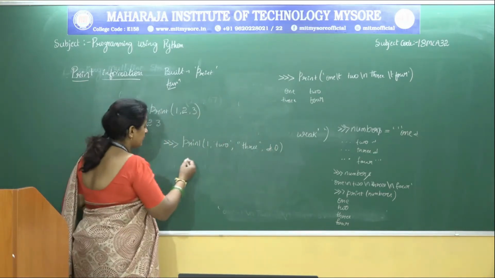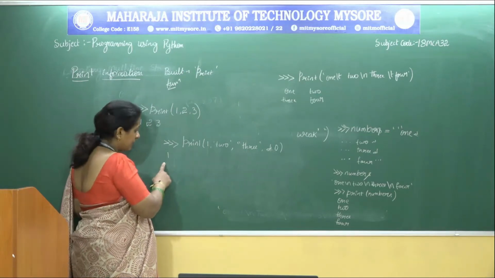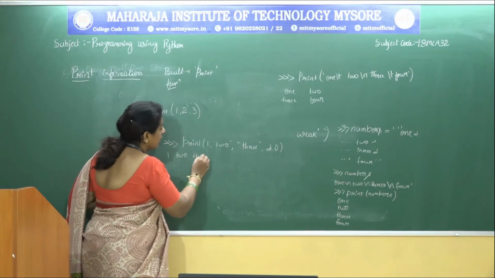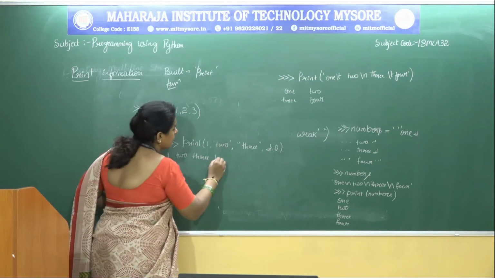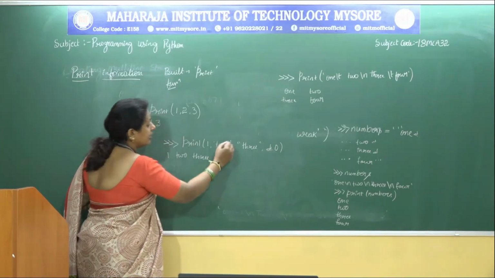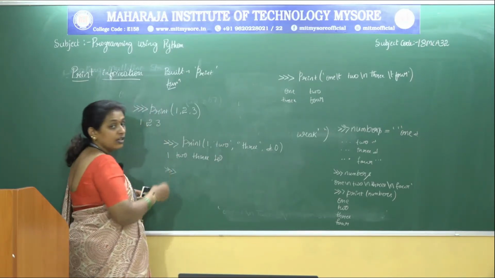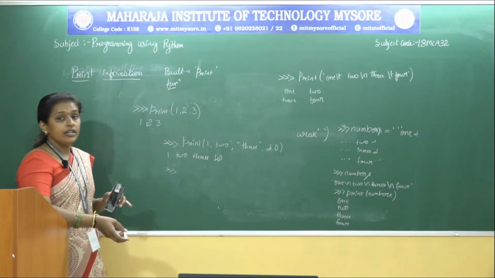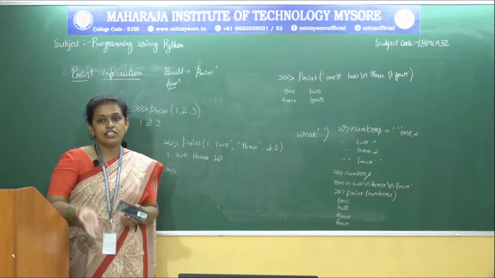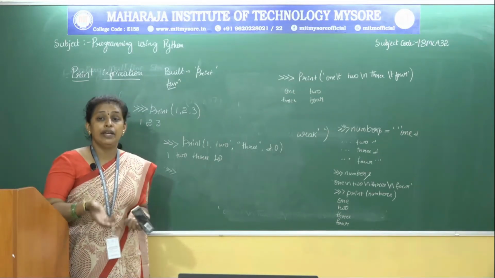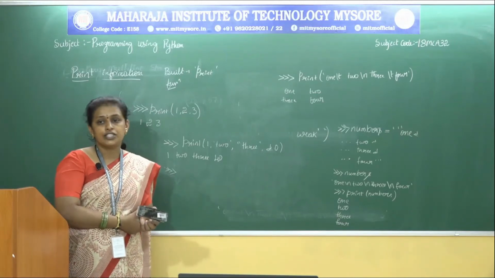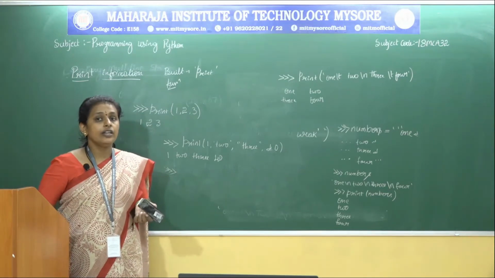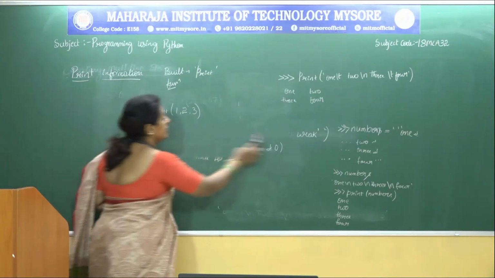When this statement gets executed, I will get the output as 1, then space 2, 3, then space the value, and it comes to a new line. This is how it is going to print. It is possible to call the print function with an expression as an argument, and it will print the value of that expression. Let me calculate it. Let me give you the example.